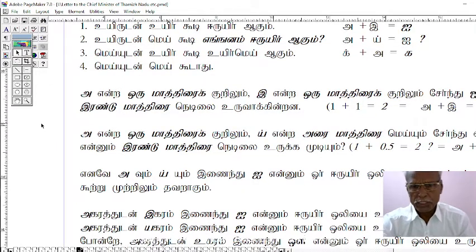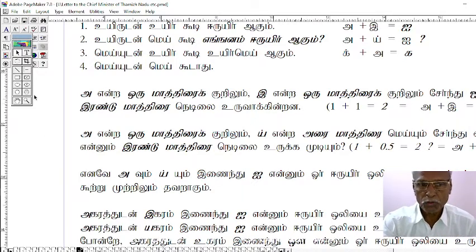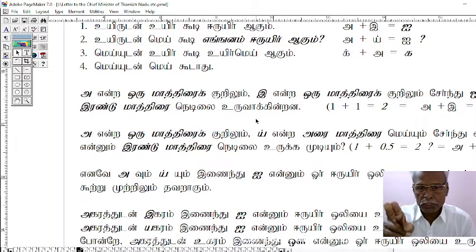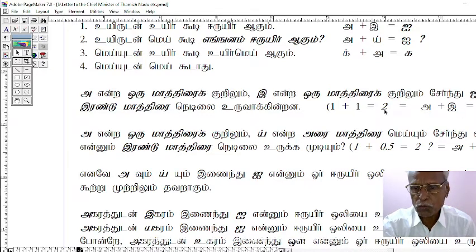Here we have to see a mathematical reason also. You see, the one unit vowel A and the one unit vowel E combine themselves forming the two unit diphthong I. That is, 1 plus 1 is equal to 2. Similarly, A plus E is equal to I, 1 plus 1 is equal to 2.